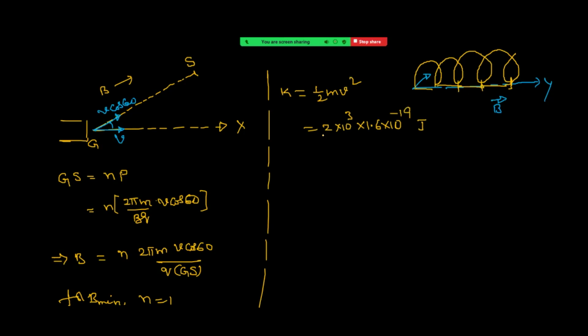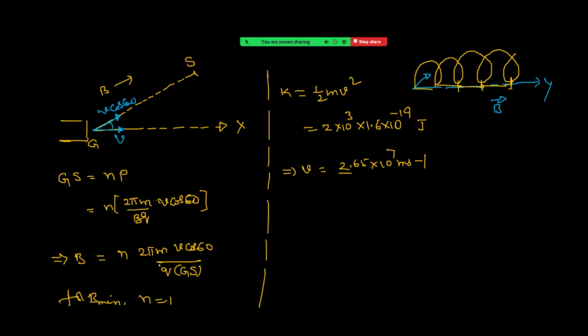See carefully, 2 kilo electron volt, and we know the mass of the electron. So from this we get the speed of electrons. If you make the calculation, the speed comes out to be 2.65 into 10 power 7 meter per second.